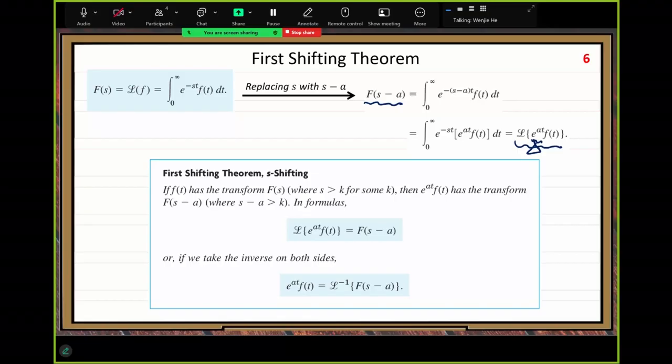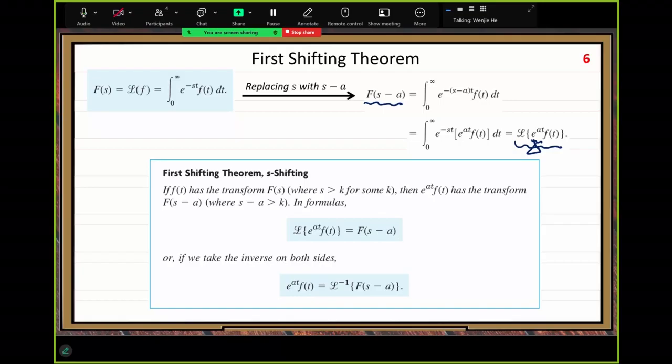The first one is the Laplace transform. But for the inverse, you switch the sides: the e term multiplied by the original little f function is the inverse of capital F of s minus a.